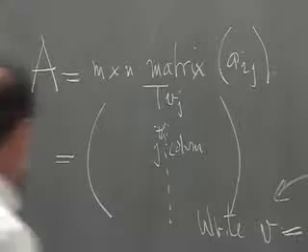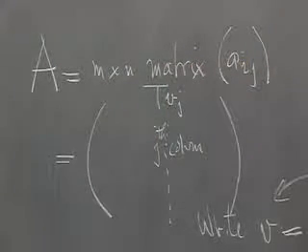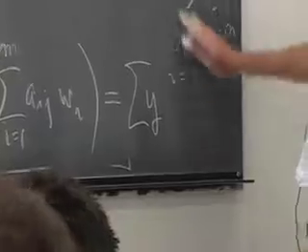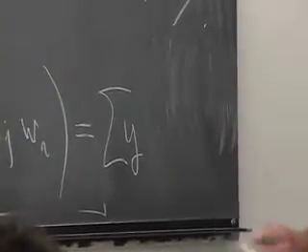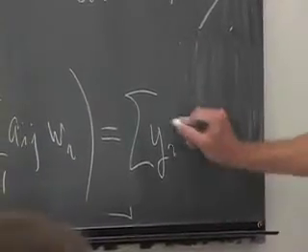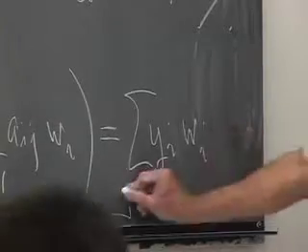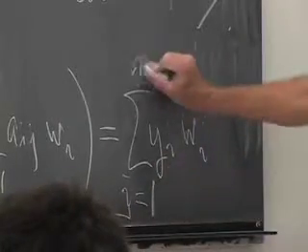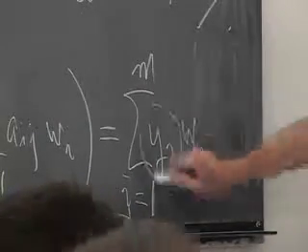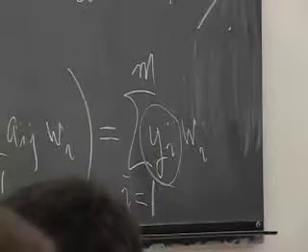Then this formula, if we write it out as a summation of yi wi, i equal 1 to m, we would find that the yi's are given by taking this matrix and applying it to the xj's.